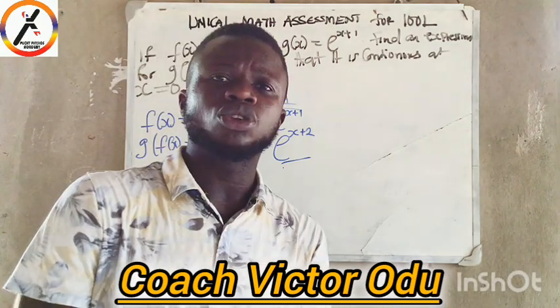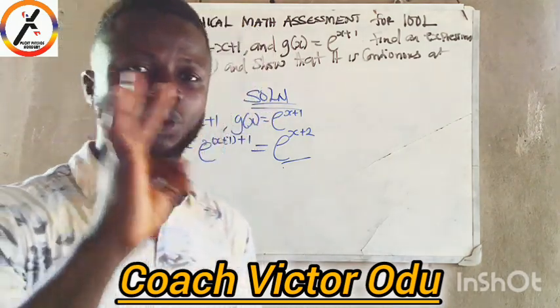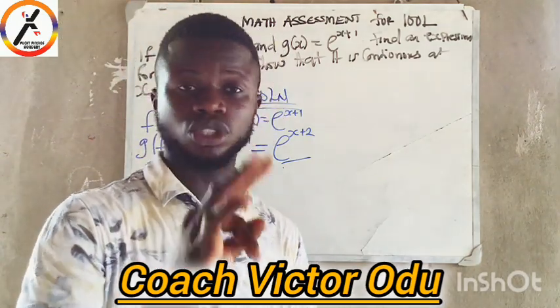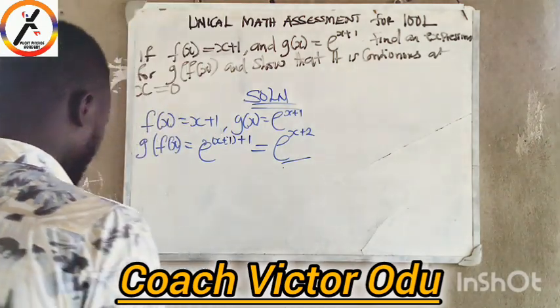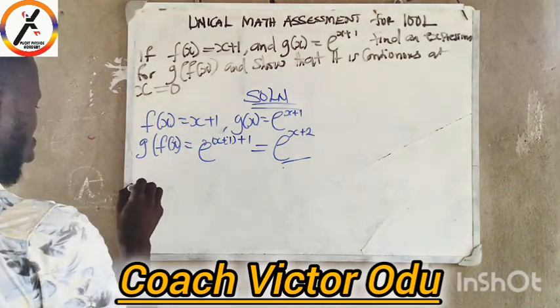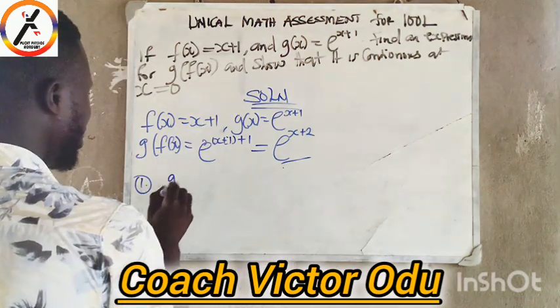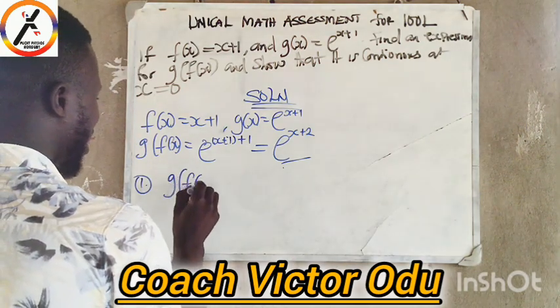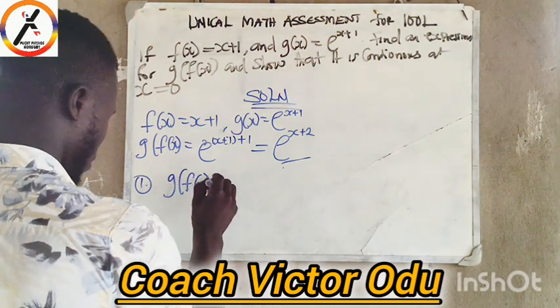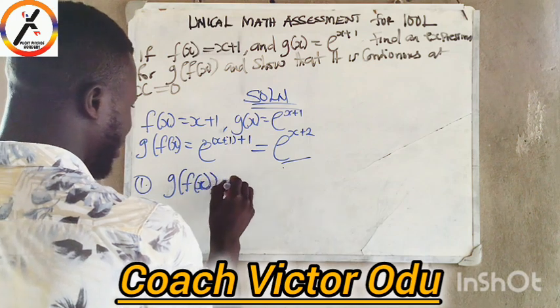There are three conditions that must be met for a function to be continuous. I'm going to state them. The first condition is that g of f of x must be defined.